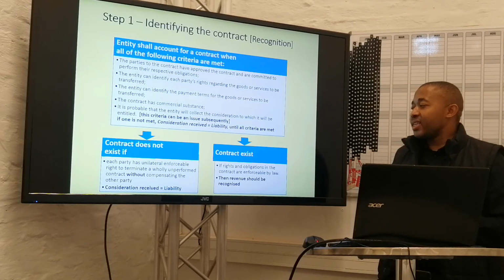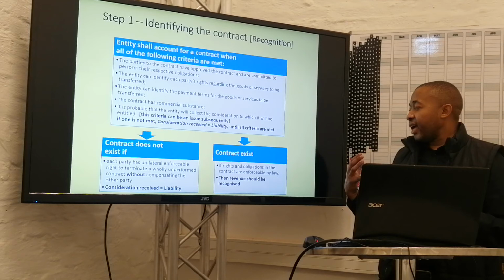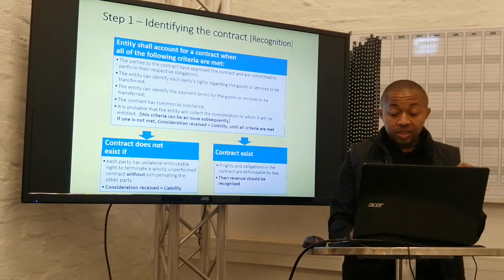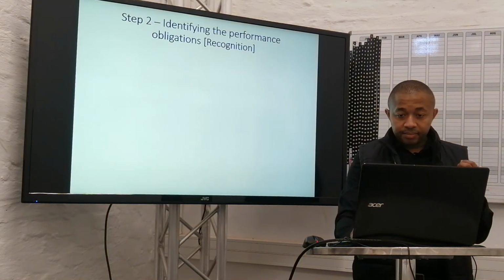A contract does not exist if each party has a unilateral enforceable right to terminate a wholly unperformed contract without compensating the other. A contract exists if rights and obligations in the contract are enforceable, and then revenue should be recognized.